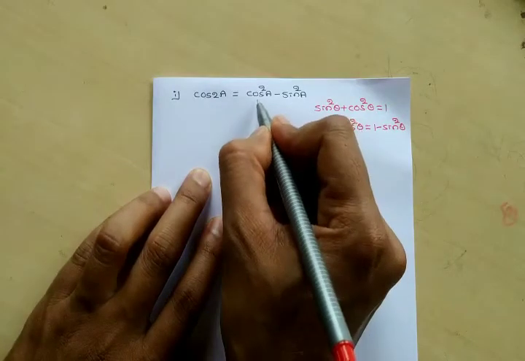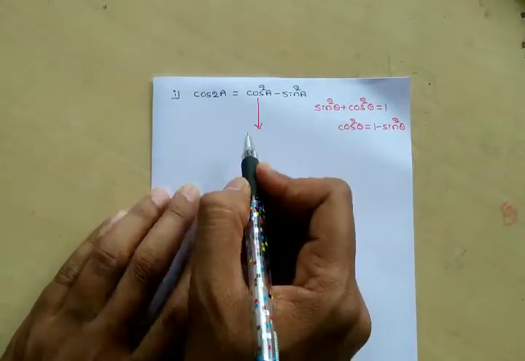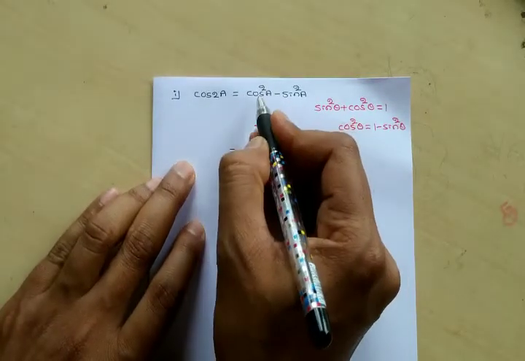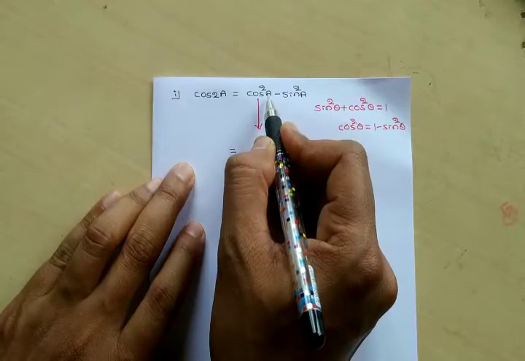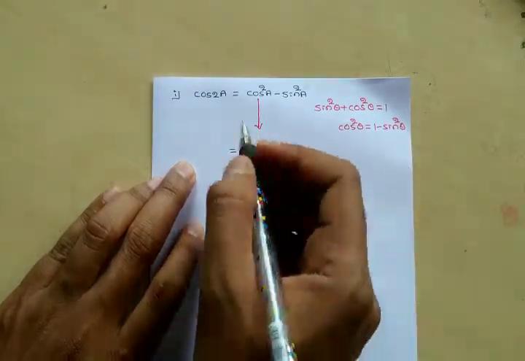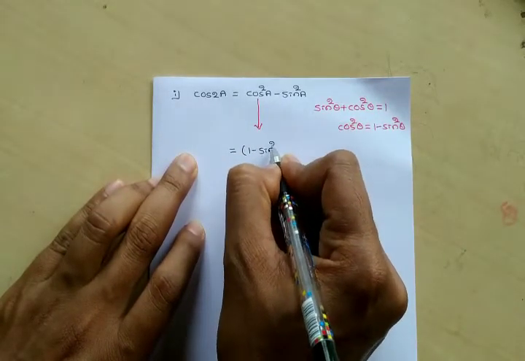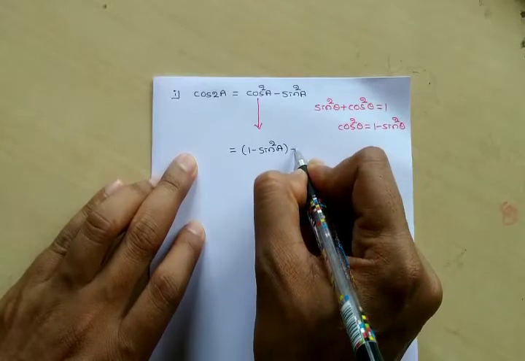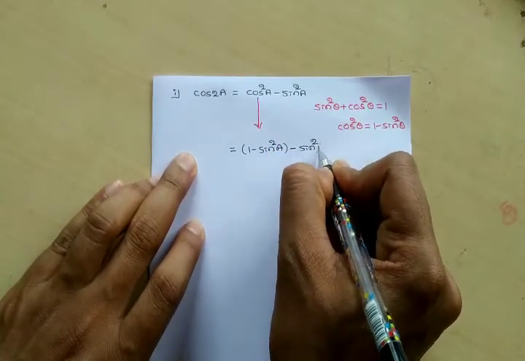Here the angle is A, so cos square A can be written as 1 minus sin square A. Then minus sin square A, keeping it as it is.